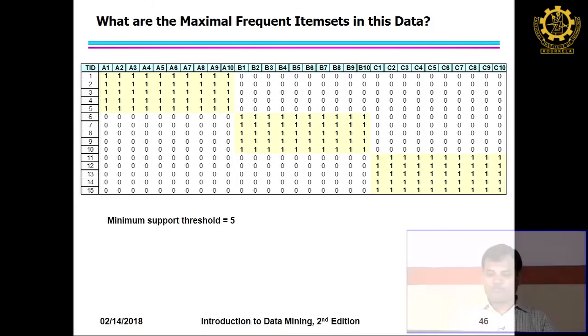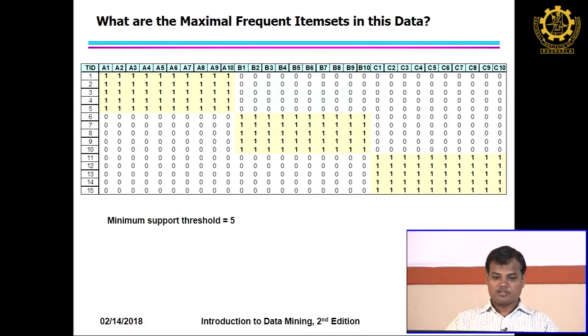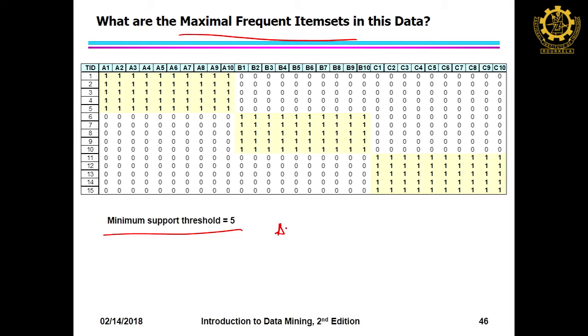So, what are the maximal frequent item sets in this data? The minimum support given is 5. Can A1, A2 be maximal? No, it cannot be, because its corresponding superset, it can be A3, is also frequent. A1 is frequent because it has 5 transactions containing A1, A2 also has support 5, A3 also has support 5.